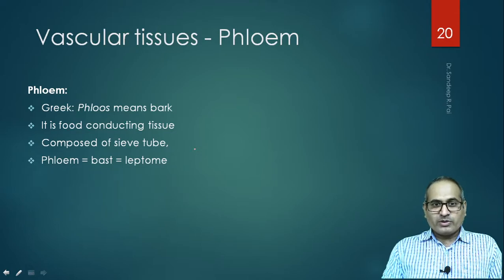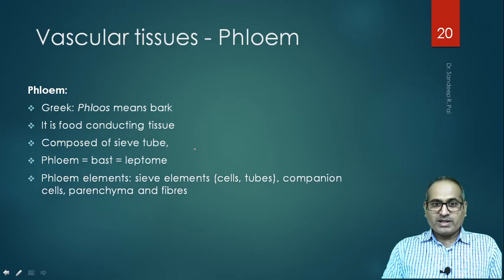Phloem is also called bast or leptome. Phloem elements are sieve elements, which again have sieve cells and sieve tubes. Then phloem also has companion cells, phloem parenchyma and phloem fibers.